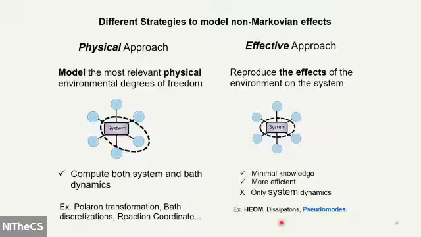Pseudomodes in their raw form are less numerically efficient, more difficult than HEOM if you give the same input. But recently there were various papers which made a huge effort to optimize pseudomodes, and if you make enough effort, you basically end up back with the HEOM. So they become numerically equivalent.